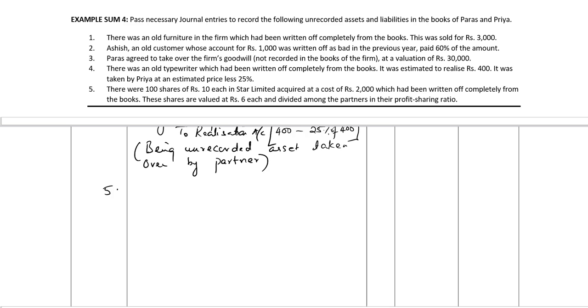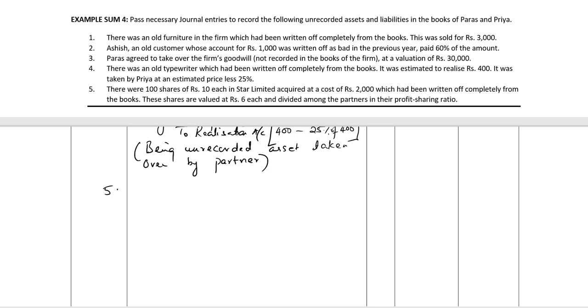Question 5. There were 100 shares of rupees 10 each in Star Limited acquired at a cost of rupees 2000, which had been written off completely from the books. These shares are valued at rupees 6 each and divided among the partners in their profit sharing ratio.